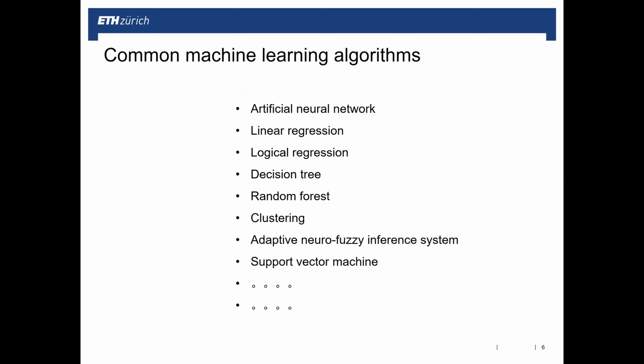There are also a lot of machine learning algorithms available, and this only lists part of them. Which one is really good is difficult to say. So for real applications, it's still recommended that you try different kinds of learning algorithms and choose the one suitable for your problem.